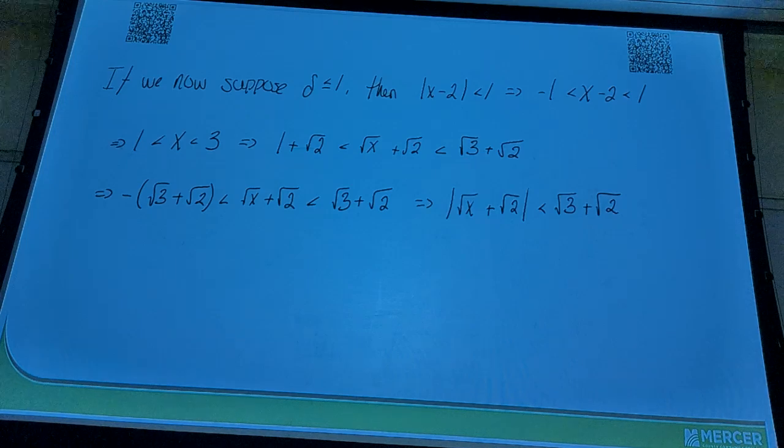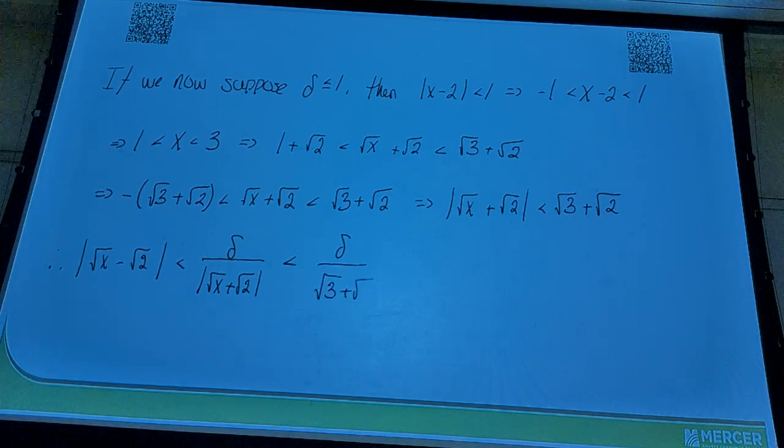Yeah, this is where we're at. This is now where we're at. We have less than delta over root 3 plus root 2.